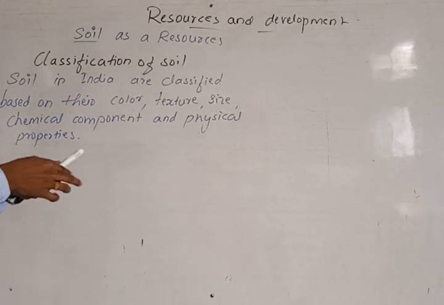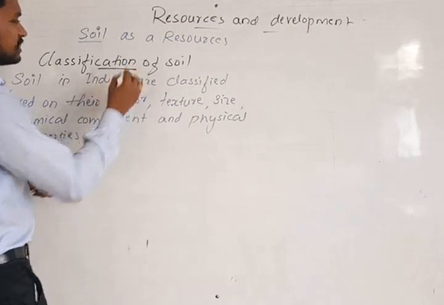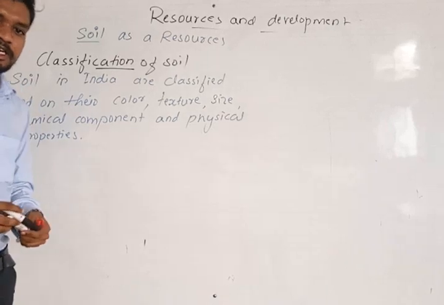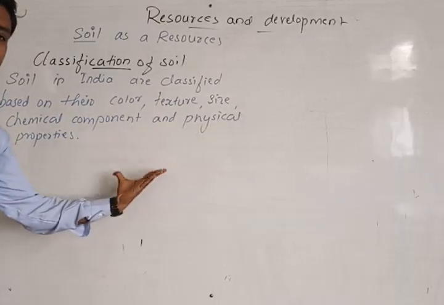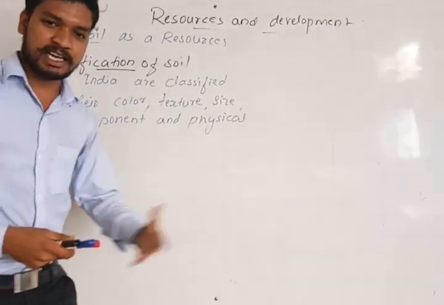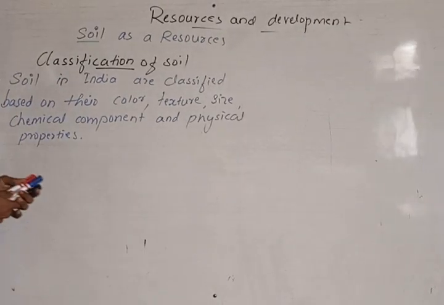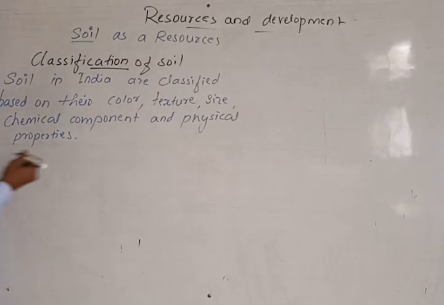So in India we have many types of soil with different textures, colors, chemical components and physical properties. So based on that we have a classification. We have a classification of the main soils. So we'll discuss that, the classifications.